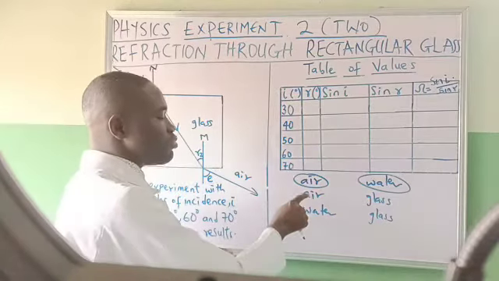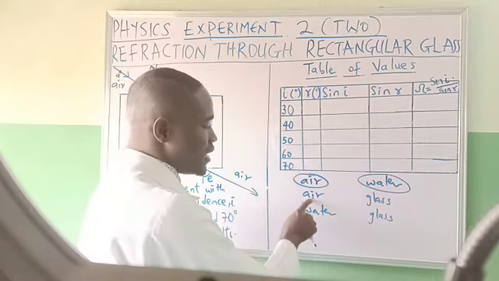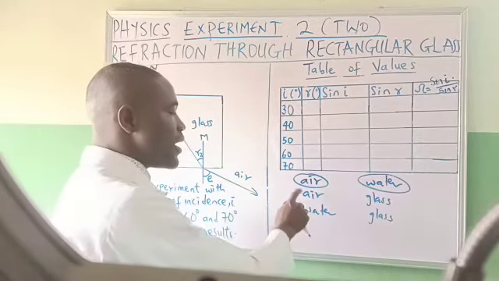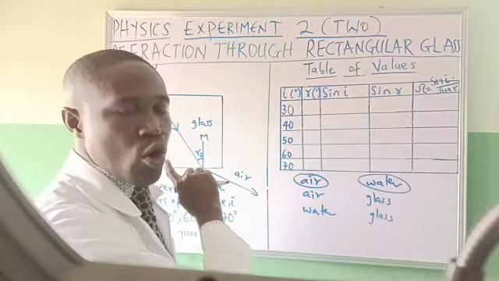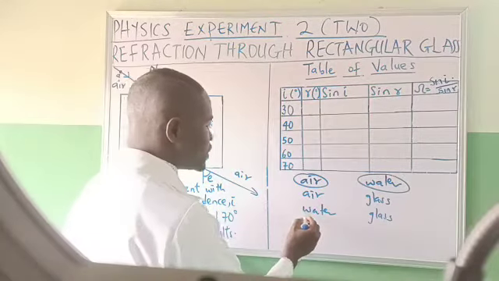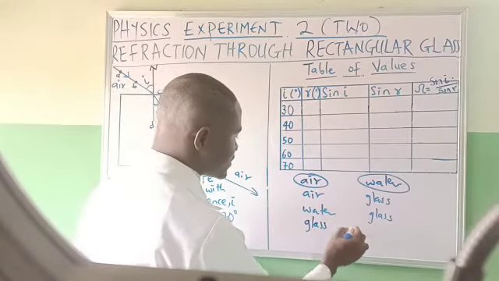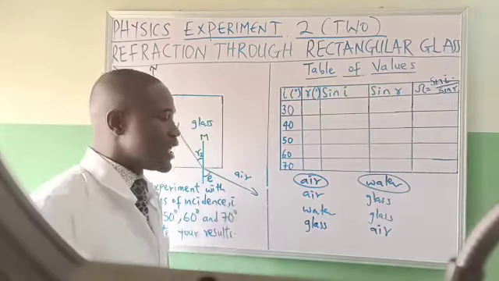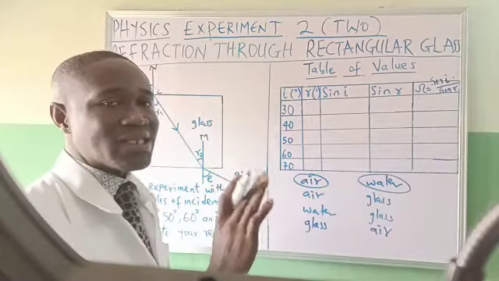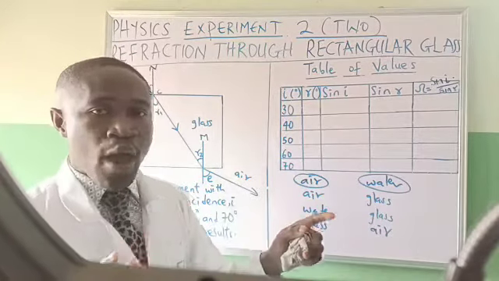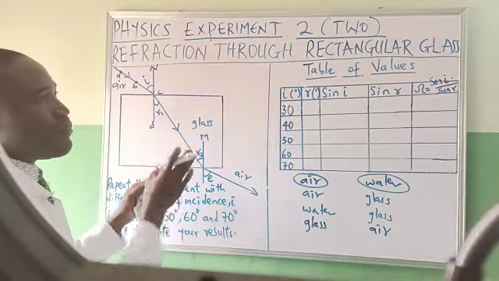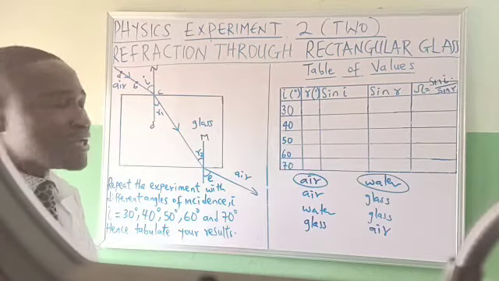If it is moving from air to glass, air is less dense, glass is denser, so the light ray will also be refracted toward the normal. But if it is moving from glass to air, glass is denser and air is less dense, so the light ray will be refracted away from the normal.